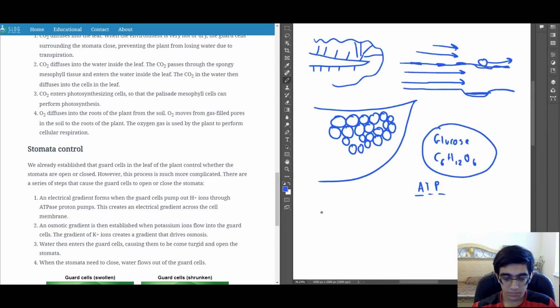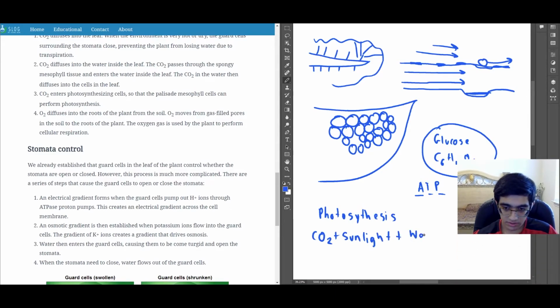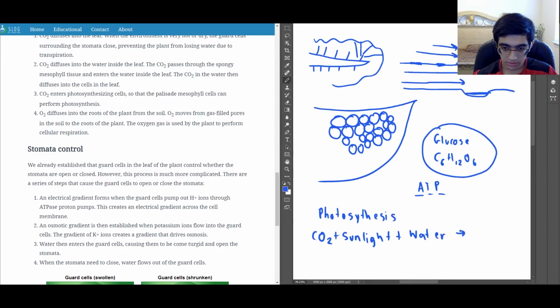So pretty much, photosynthesis takes in carbon dioxide, sunlight, and water, and generates glucose.